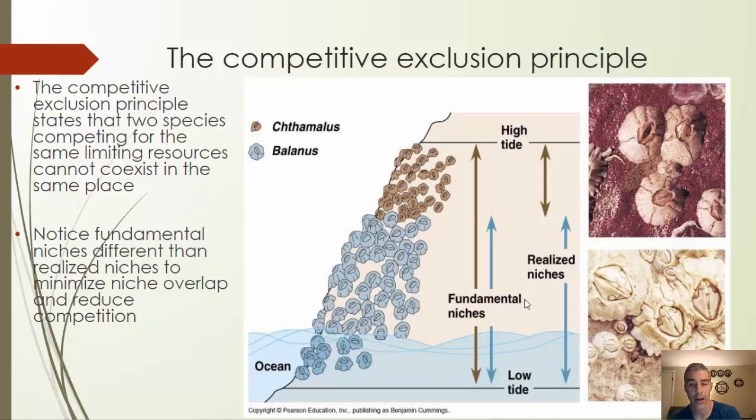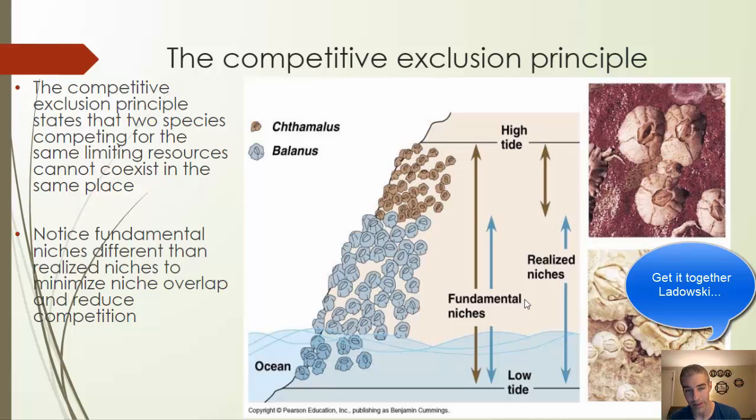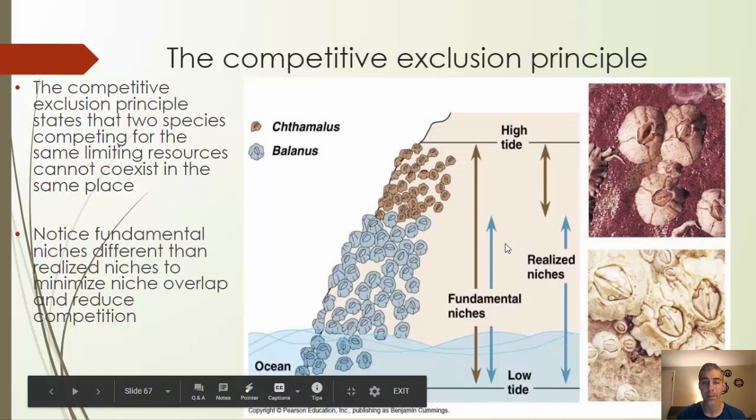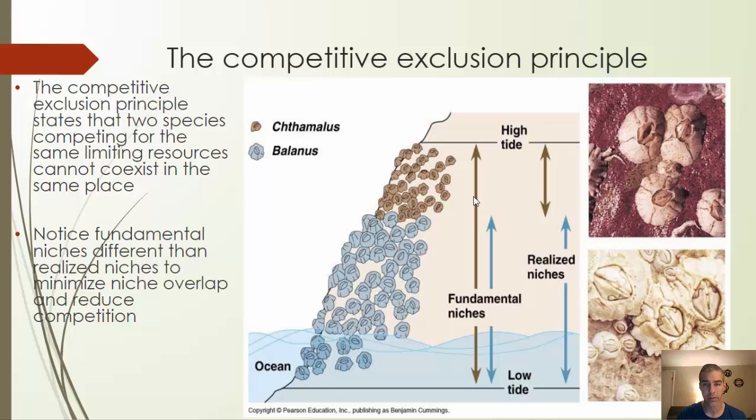Or I should say the brown one, excuse me. The brown one can live anywhere from low tide to high tide, but the gray species can only live down lower than that. Because they're both going to be competing with each other between low tide and where the two arrows overlap right here, you would expect the brown one to try to limit competition.